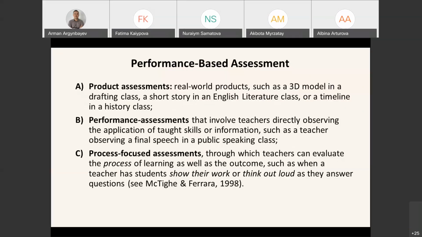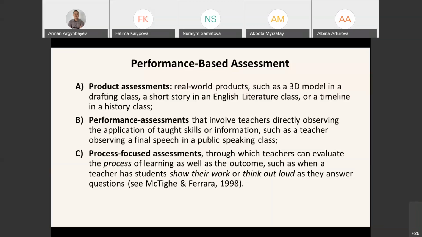All right. So there are 3 types of performance-based assessments. First is product assessment. It's when students have to produce a real-world product. For example, in literature class, it might be a short story. They write a short story. In history class, it might be a timeline. They develop a timeline of a war or of a certain period of time in history.